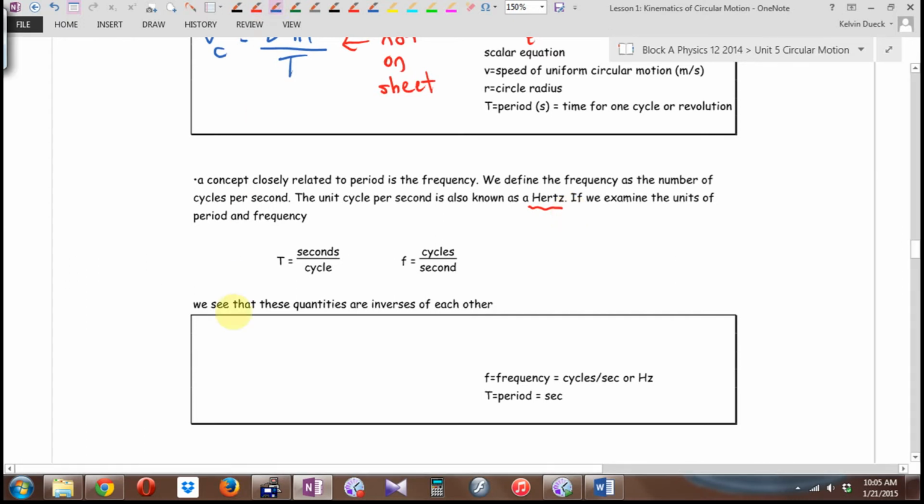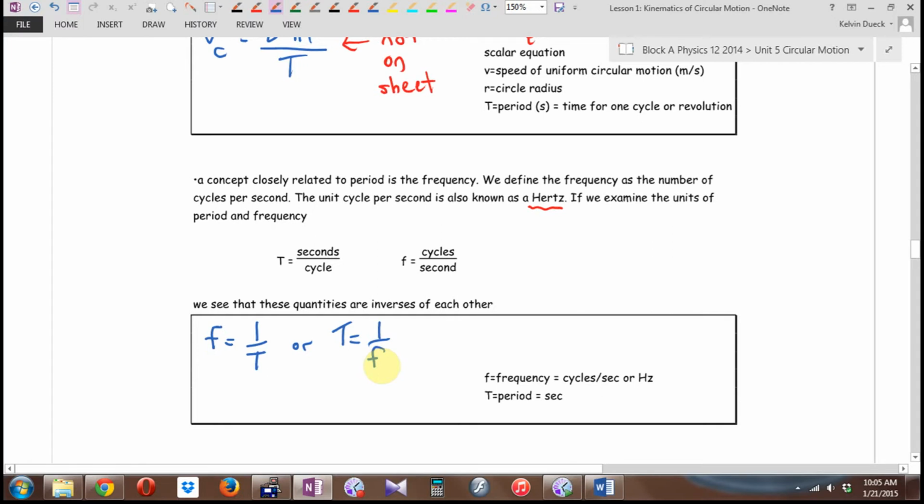What that really means is if you know the period, you automatically know the frequency. It's 1 over the period. Or if you know the frequency, the period is 1 over the frequency. They're reciprocals of each other.